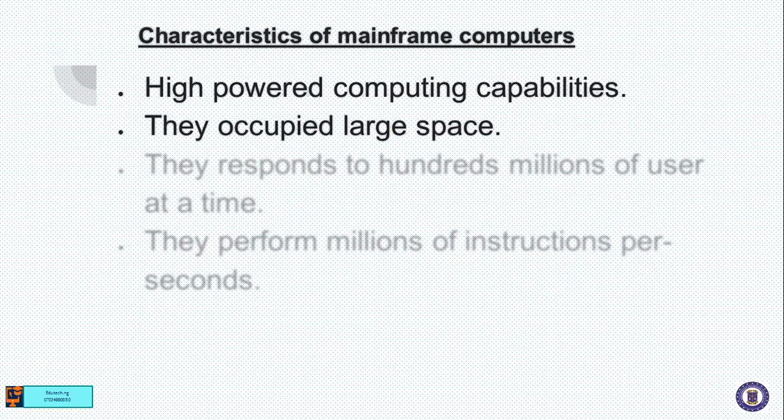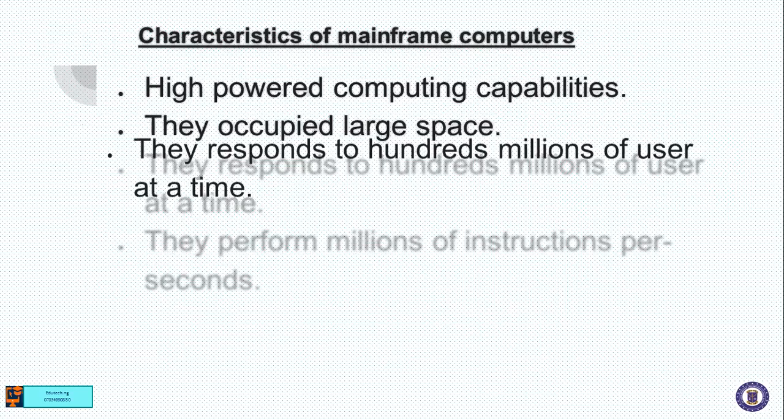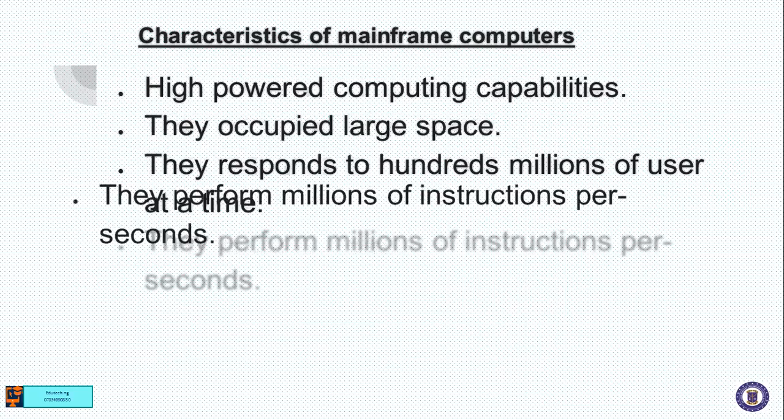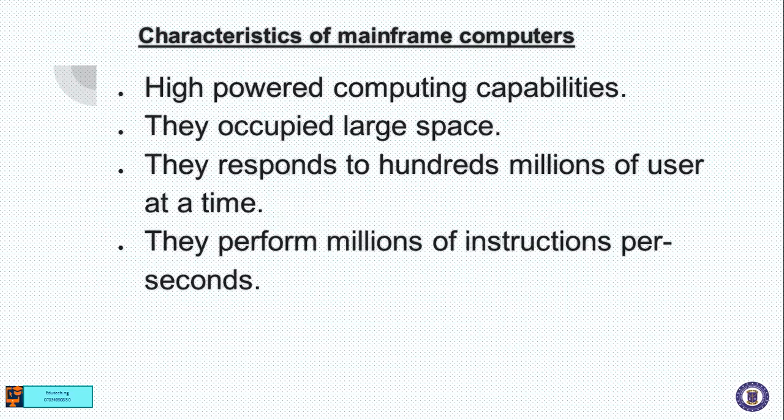They occupy large space. That is one of the disadvantages. They occupy large space. They respond to 100 millions of users at a time. They perform millions of instructions per second.